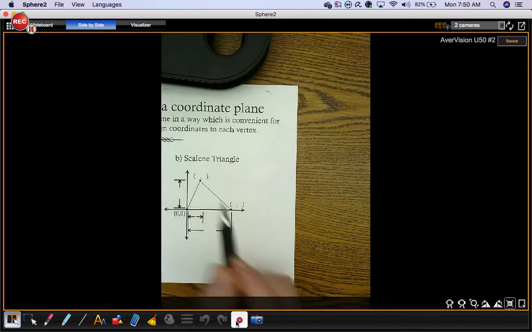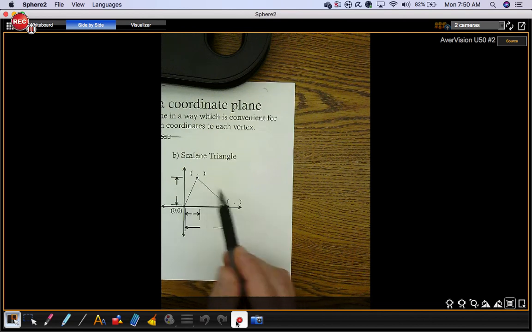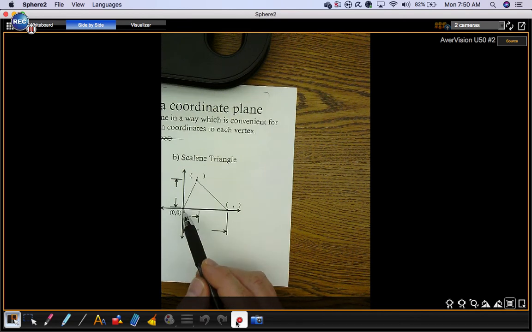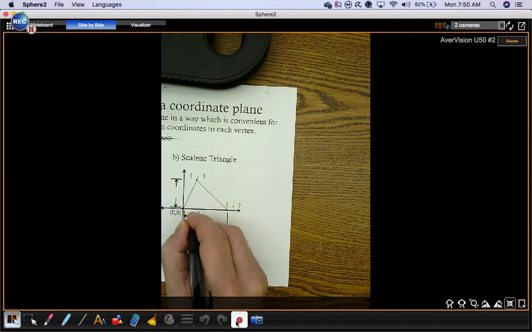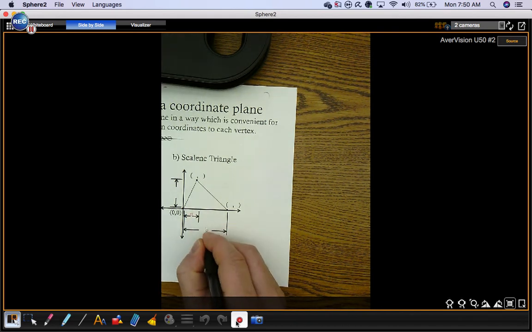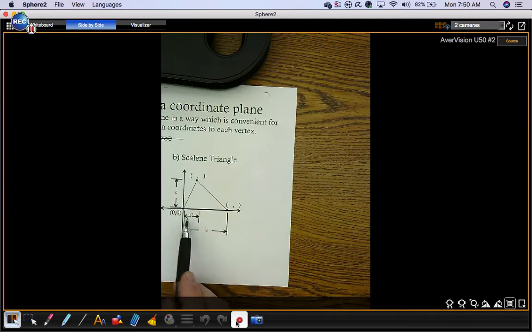The second one is a scalene triangle. Let's use the same concept. Let's put the lower left-hand vertex of our shape on the origin. That way we're using the first quadrant. And let's assign some variables. Let's say from here to here, that's this guy, is A units.